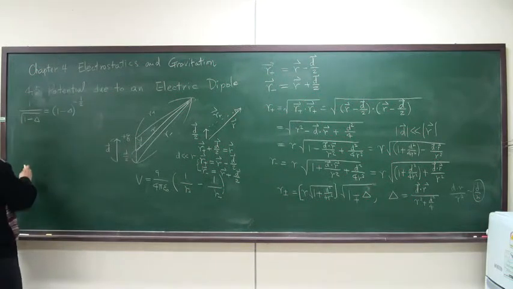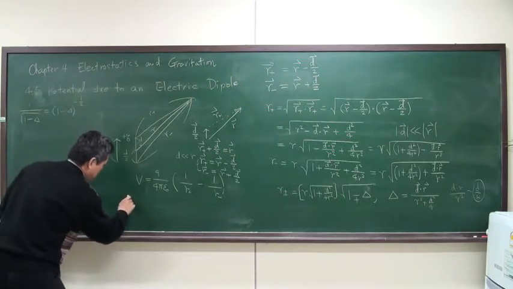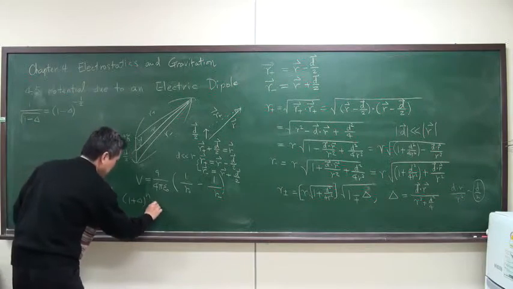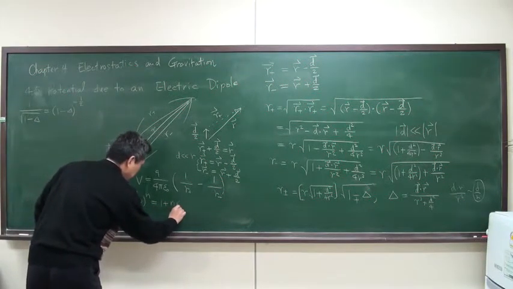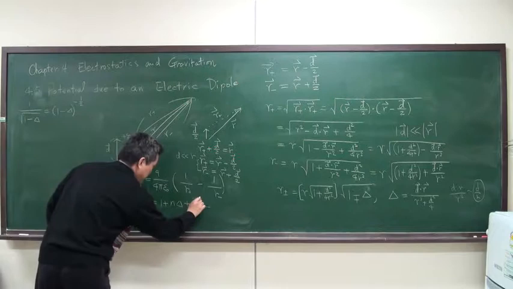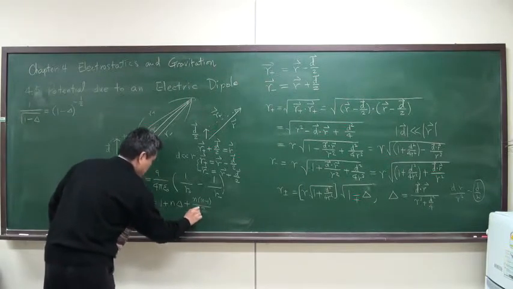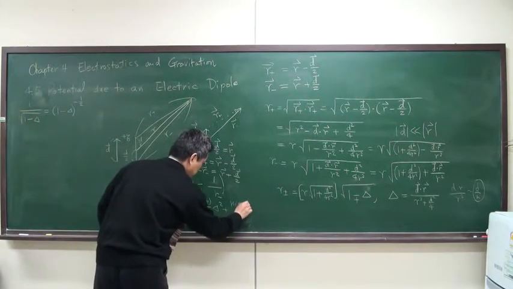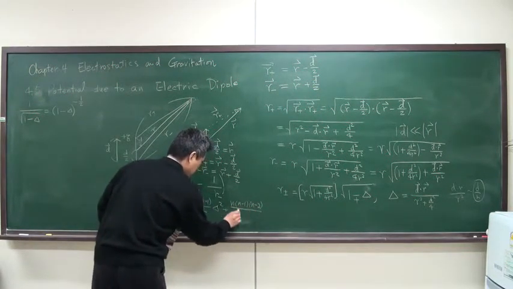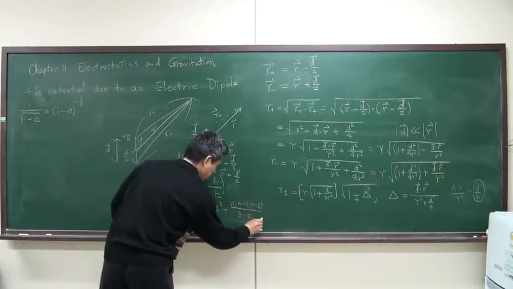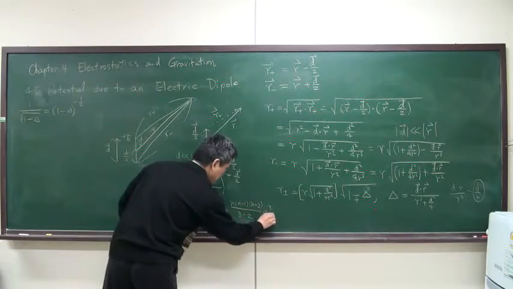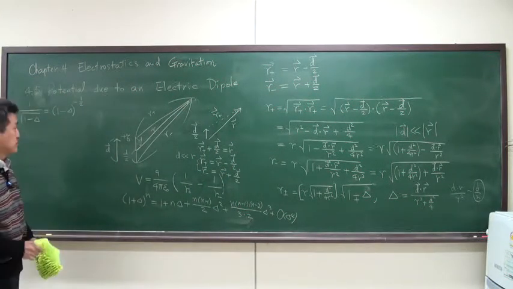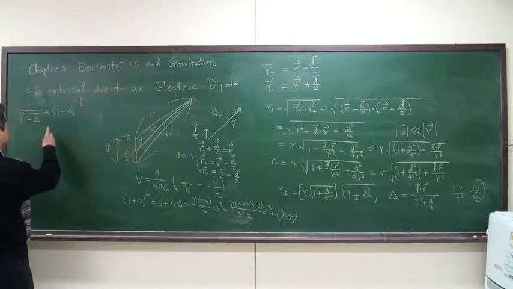If 1 plus a small number delta, to the power n, is 1 plus n delta plus n times n minus 1 over 2 delta squared. We can expand like that.